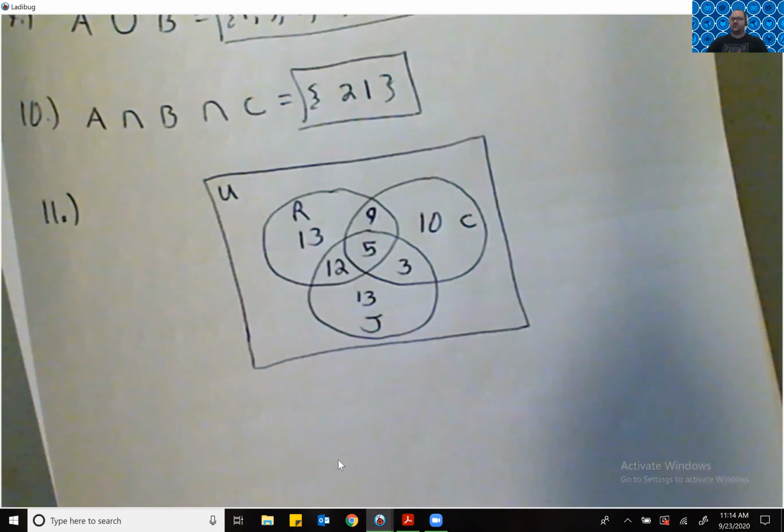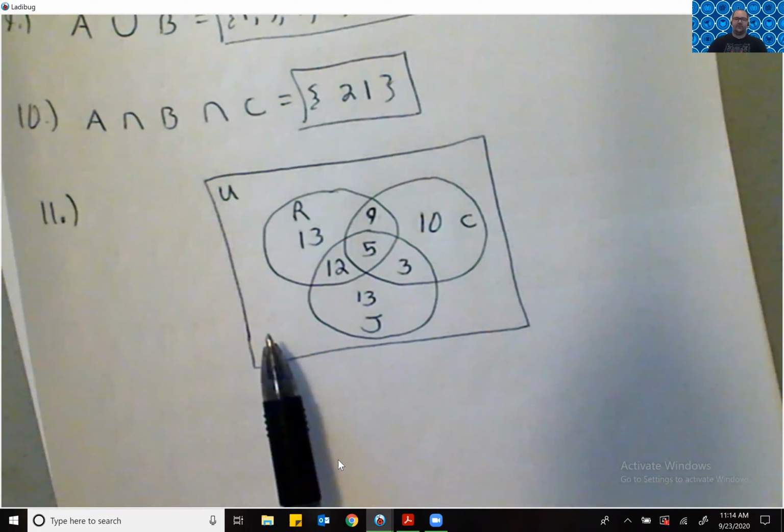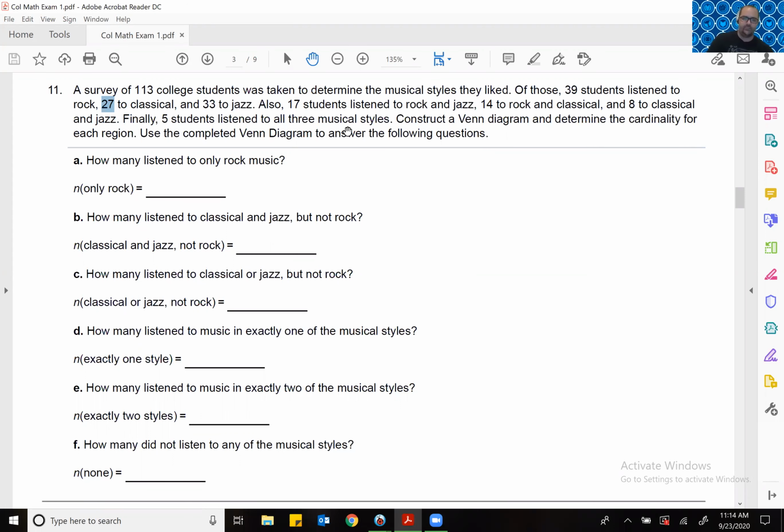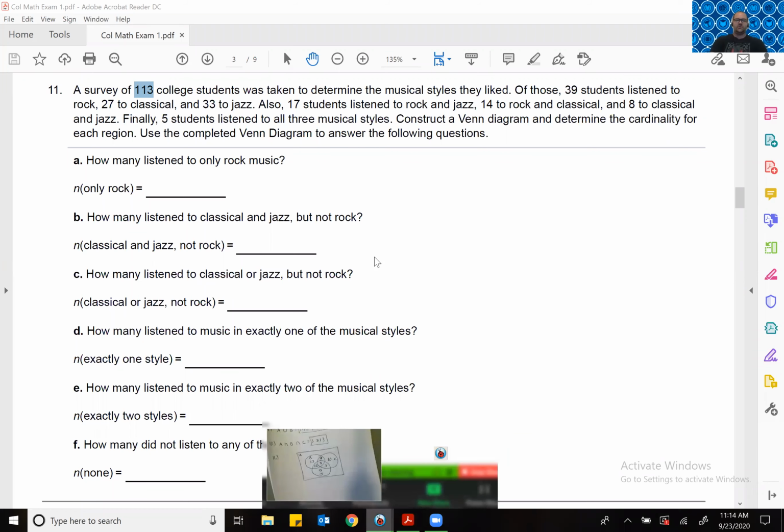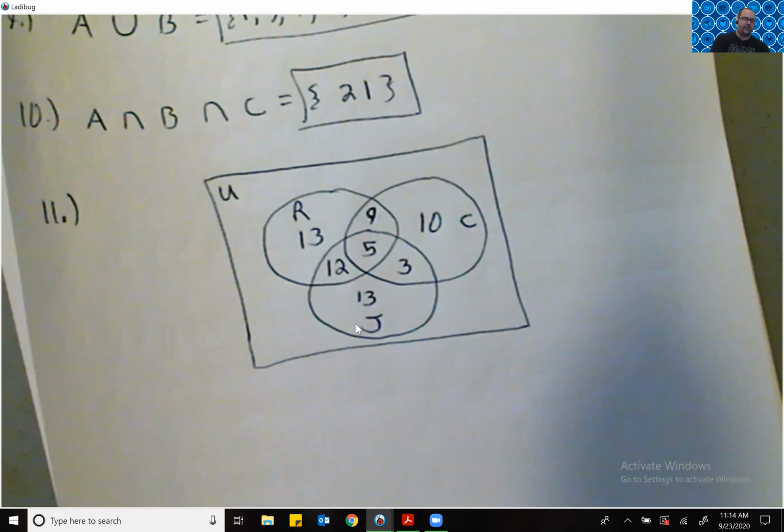Now, the question is: is there anybody in the universe? So you see how we've been going backwards through this problem. There's one more number left. This right here is how many students we talked to. But we've already taken care of some of them in the circles. So you need to take 113 minus the 13, minus the 9, minus the 10, minus the 5, minus the 12, minus the 3, minus the 13.